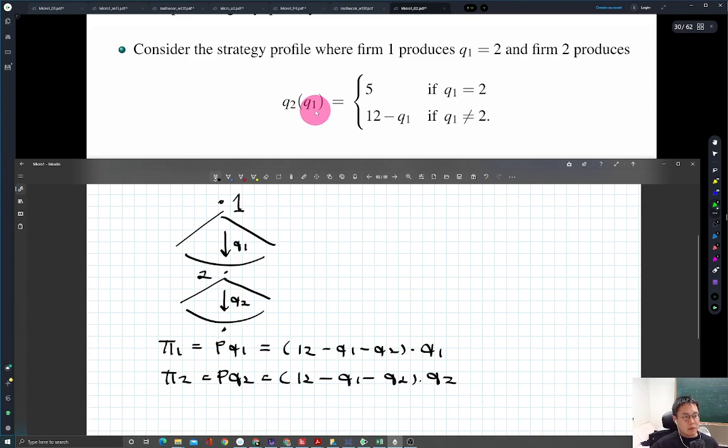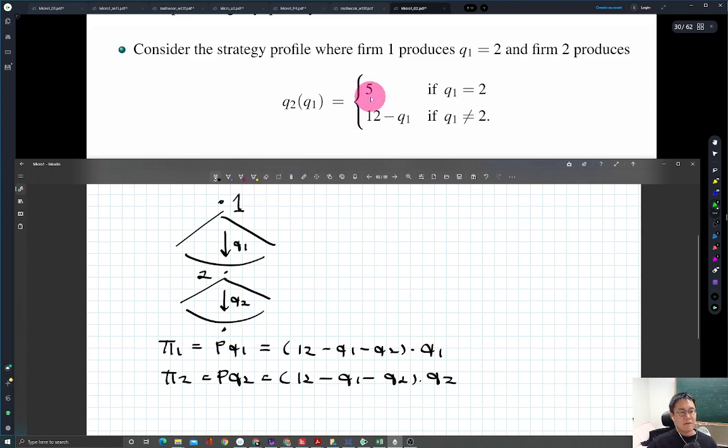So this strategy is given by a piecewise function. If firm 2 observes firm 1 produce 2 units, firm 2 responds by producing 5 units. But if he observes other quantities, he produces this amount of output. Let me first demonstrate this choice.